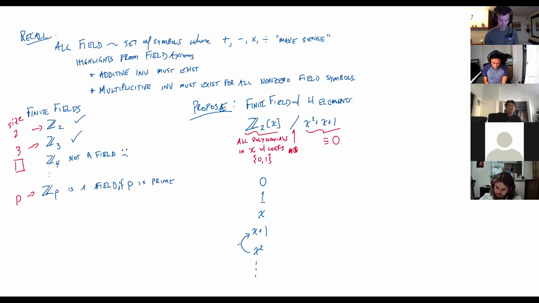All of them are going to be, triple equal sign, equivalent to an earlier member in the list. Okay. So these are the members, or the symbols in this field, which I haven't actually proved as a field. Right now it's just a collection of 4 things.